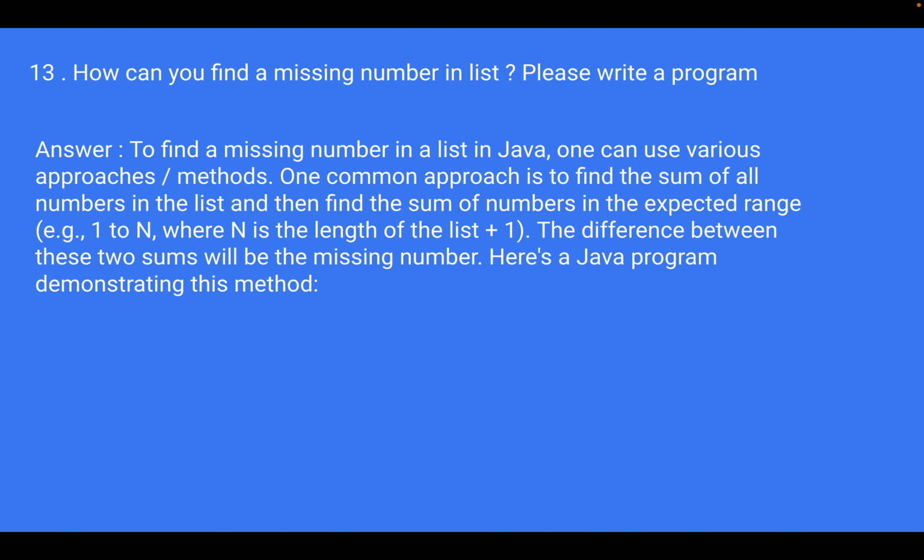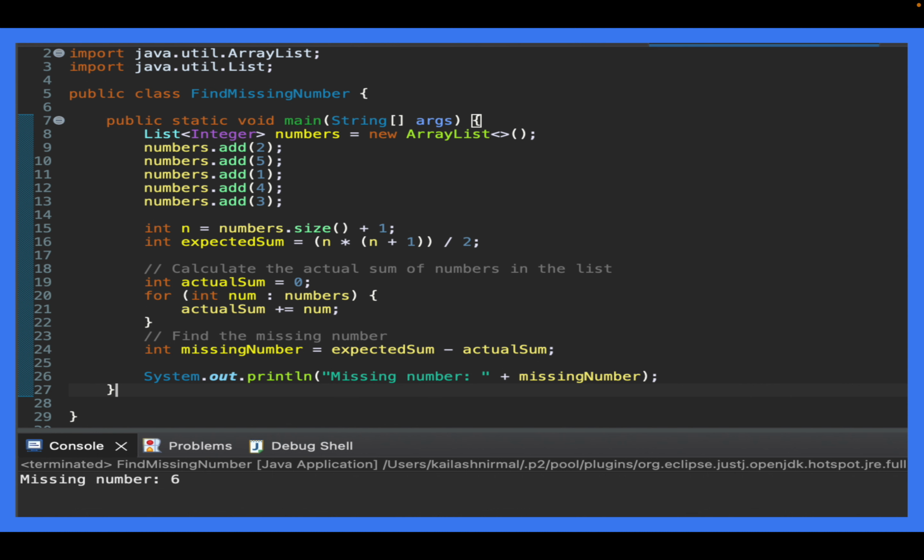Here is a Java program demonstrating this method. In this example, I have taken a list of numbers where 2, 5, 1, 4 and 3 are added as elements, and to find the missing number we have used logic like this.